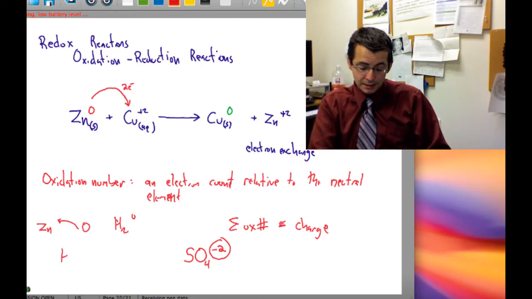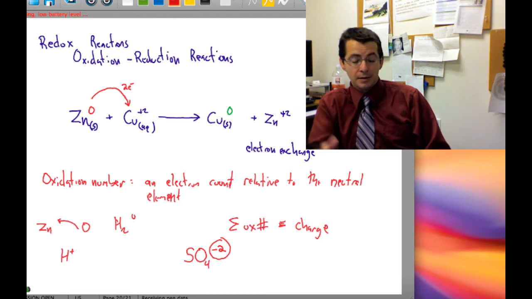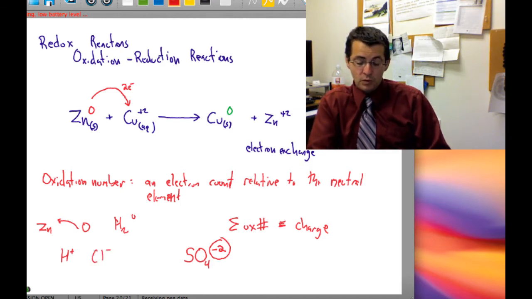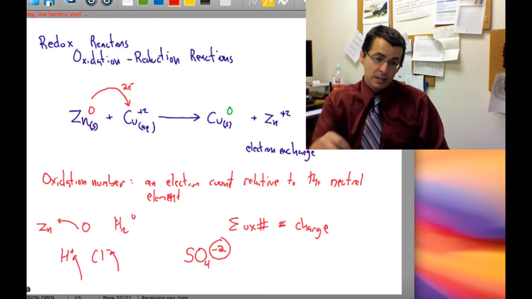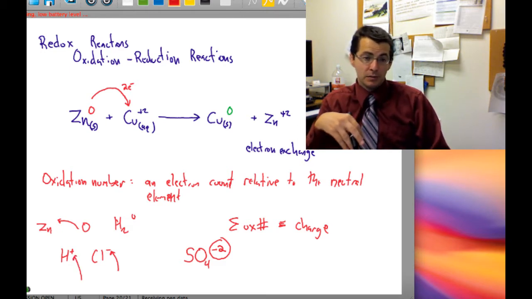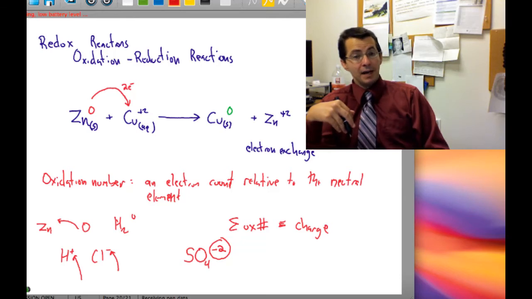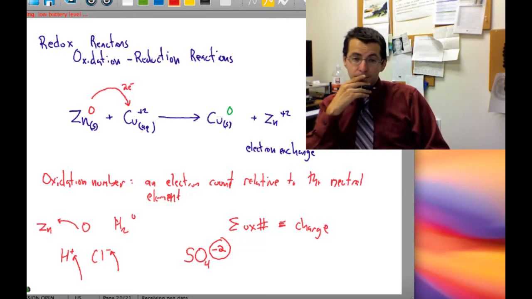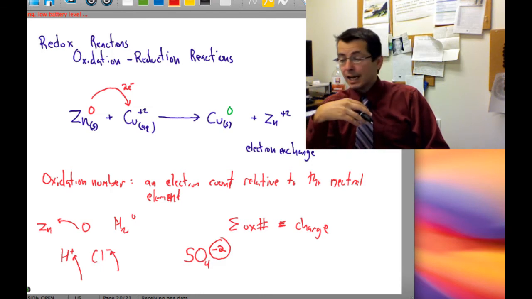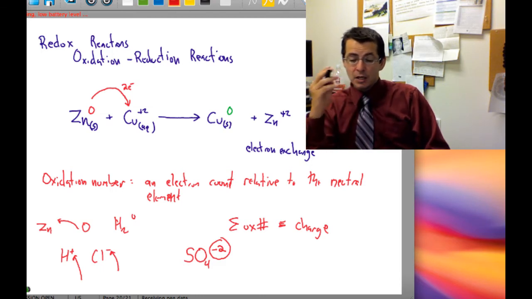For simple ions, the oxidation number would represent the charge. So hydrogen here would have a +1 oxidation number. Chlorine would have a -1 oxidation number. For more complex species, we have to tease out the oxidation numbers.